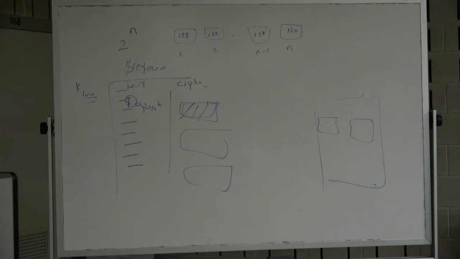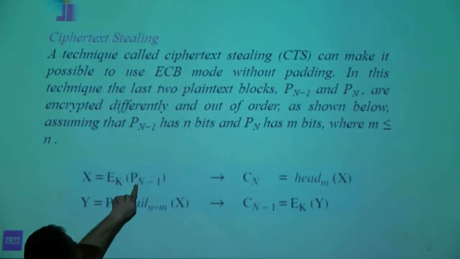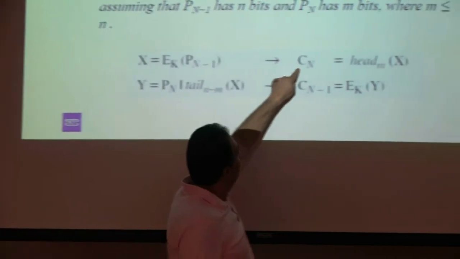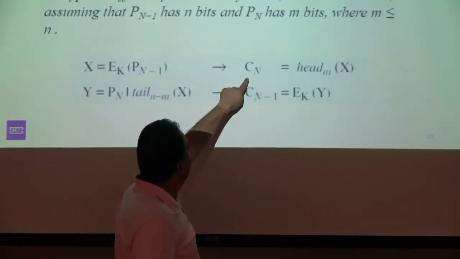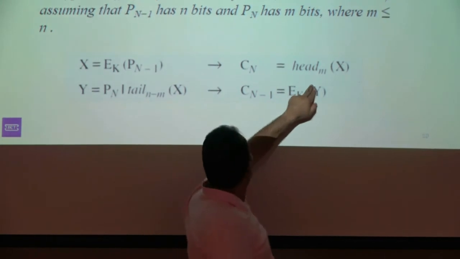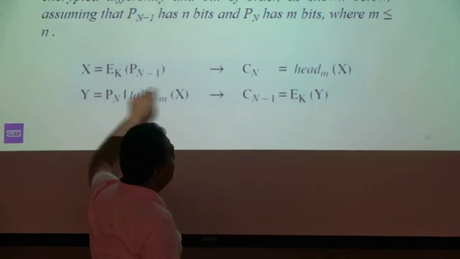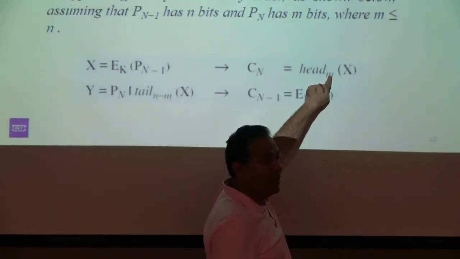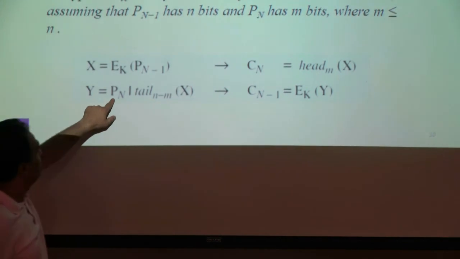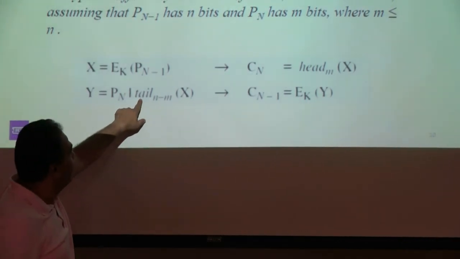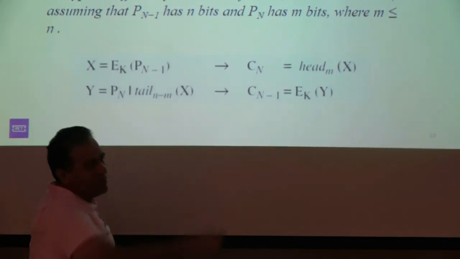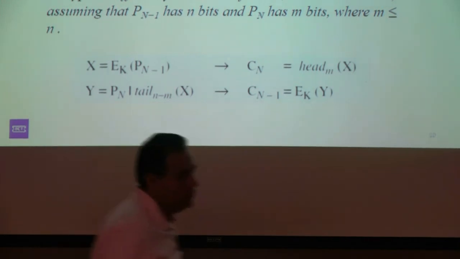Here, the plain text n minus 1 you encrypt, and that's the cipher n. You take the encryption and send only the m bits head of it. Then you take the plain text and tail it with the difference, which in our example is 8 bits short.